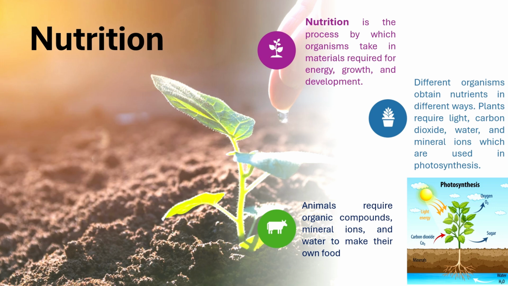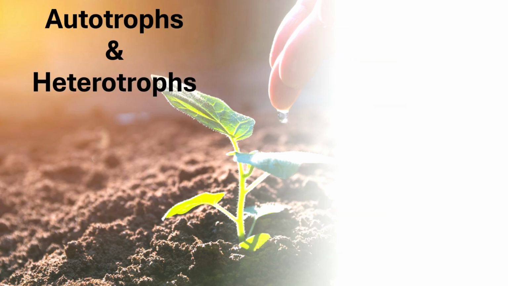Nutrition is the process by which organisms take in the materials they need for energy, growth, and development. But remember that not every living thing eats the same way. Let's look at two main groups, which are autotrophs and heterotrophs.